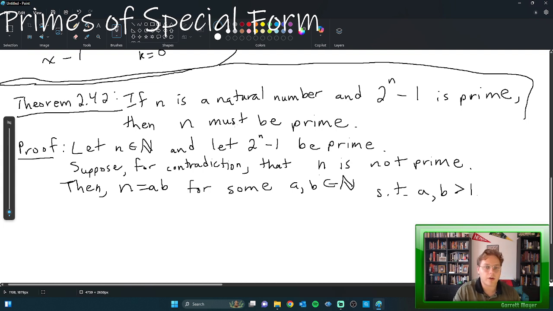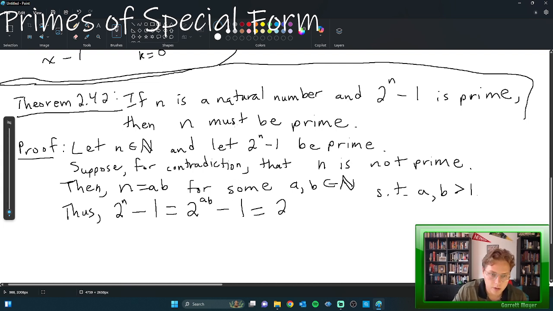And this just directly follows from the fact that n is not prime. n has to be the product of two numbers, both of which need to be greater than 1. Thus, 2 to the n minus 1 equals 2 to the ab minus 1, which ultimately we can just rewrite as 2 to the a to the power of b minus 1.